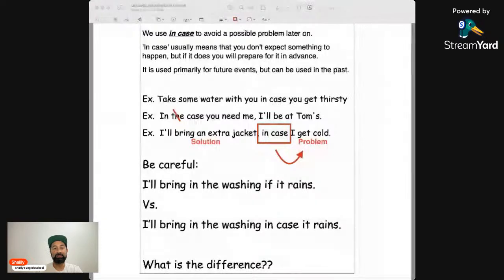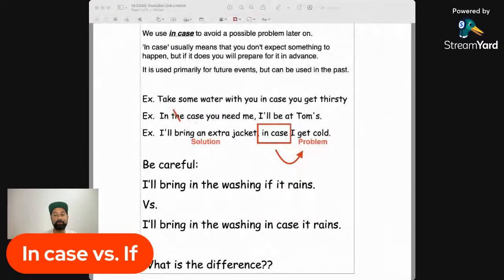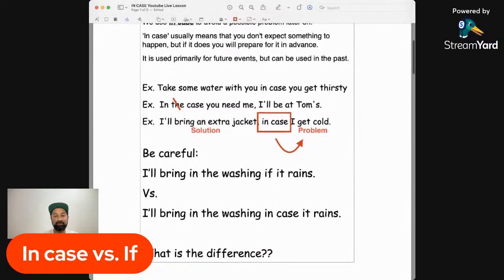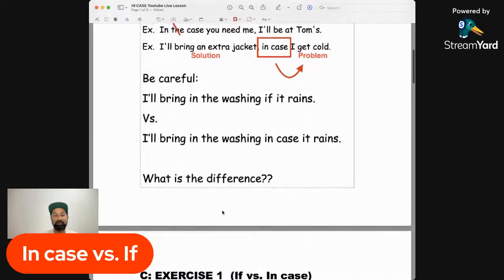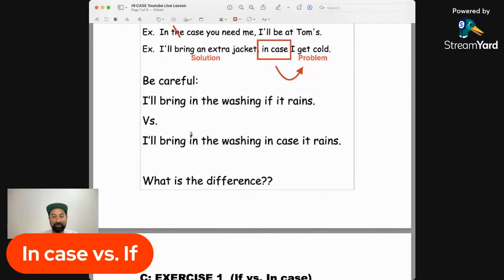Now, I mentioned at the very beginning that a lot of people are going to confuse in case and if. In case and if. I have a great example here. If you look at the screen, I've got two sentences.